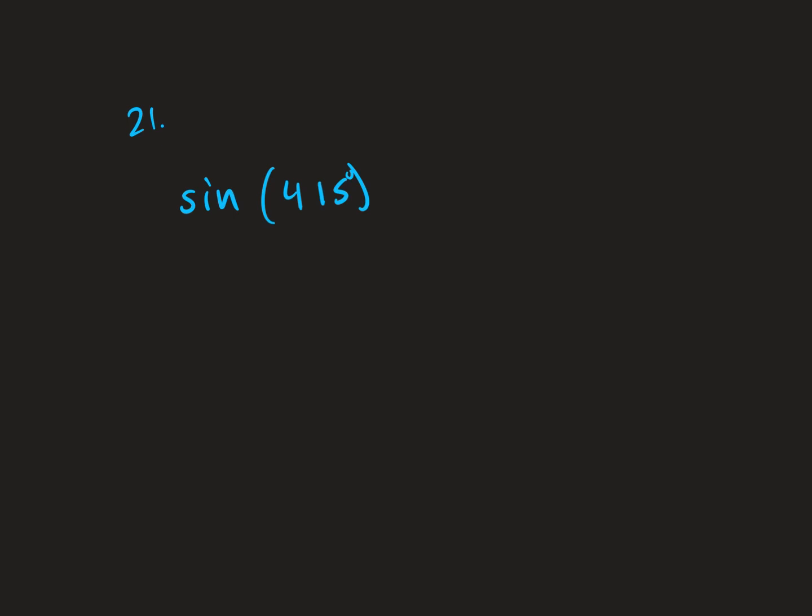What would I do? I can subtract 360, find the coterminal angle of it. So what would we get? So sine of 55. And then I need to figure out what two angles on the unit circle add to 55. So what would that be? Or add or subtract?